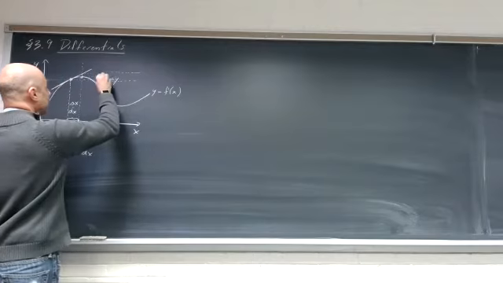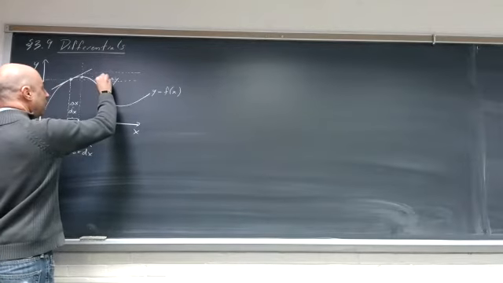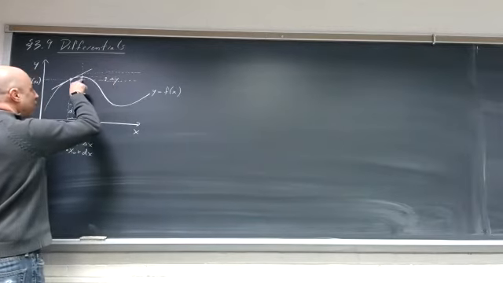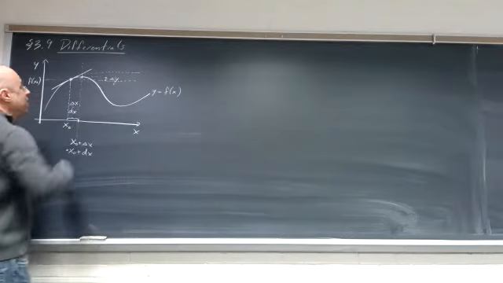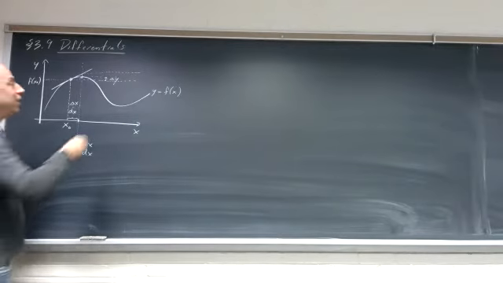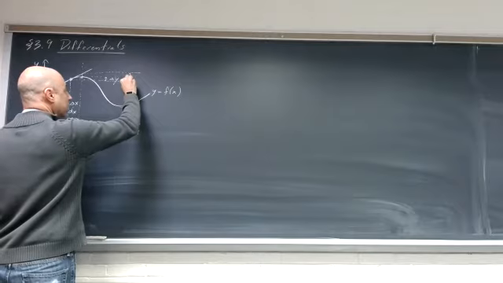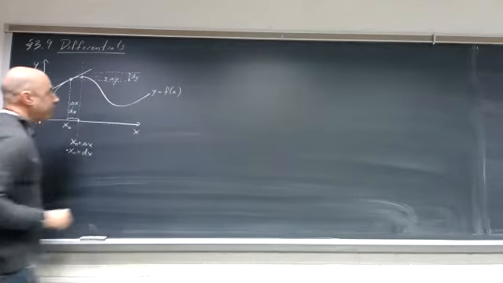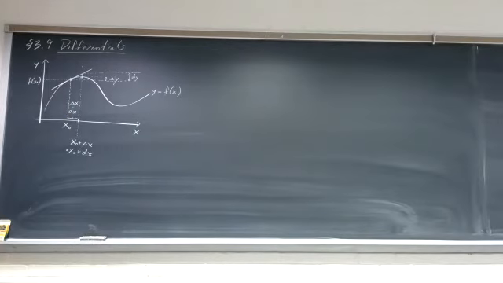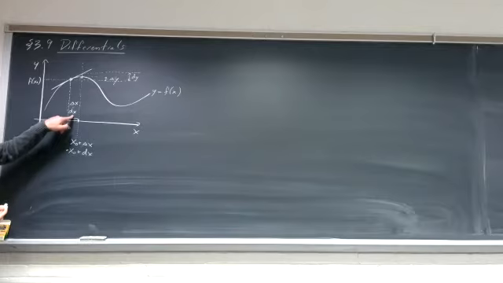So the amount the curve grows is delta y. The amount the line grows is dy. We're going to call that dy. So delta y and dy are not the same, unlike delta x and dx, which are exactly the same.